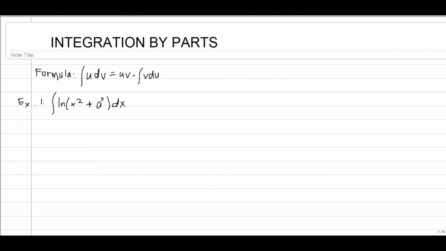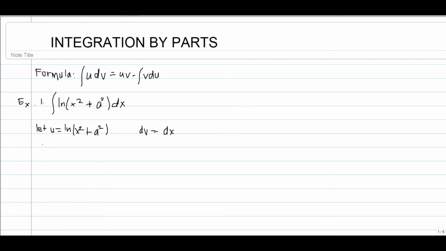And then consider this example number one, which is the integral of ln of the quantity x squared plus e squared dx. So let u equal ln of x squared plus e squared, and dv equivalent to dx.